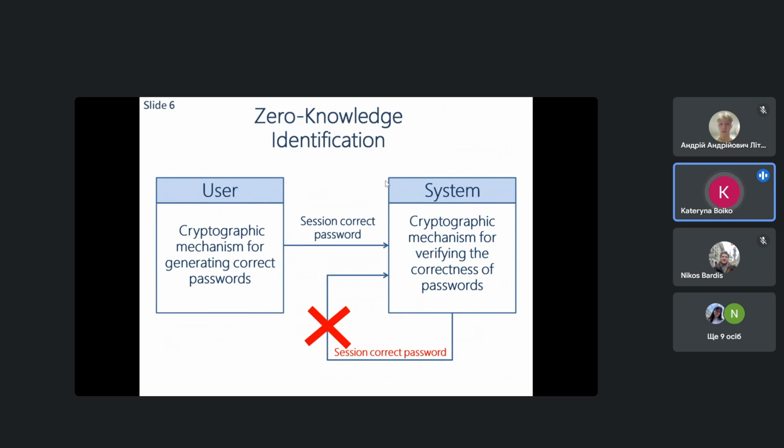Meanwhile, the system has a cryptographic mechanism for checking the password's correctness. However, the system hasn't got a mechanism to generate the correct password itself.